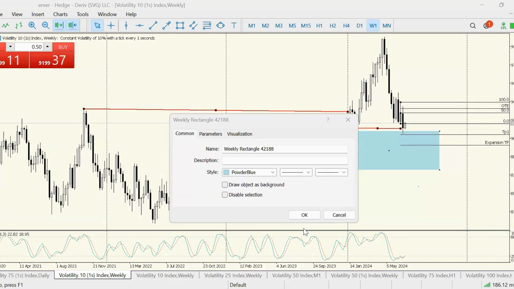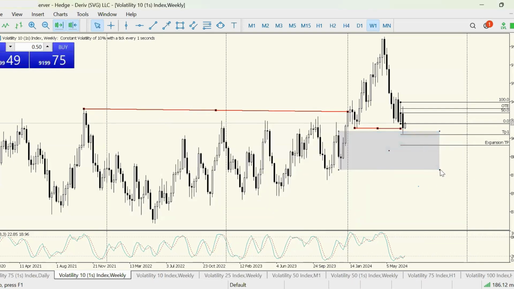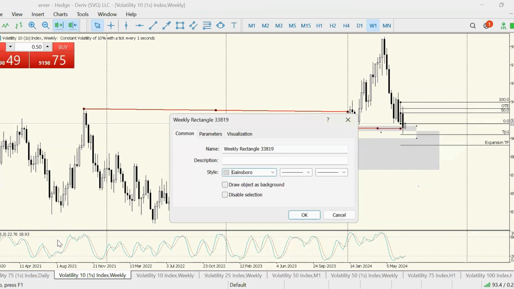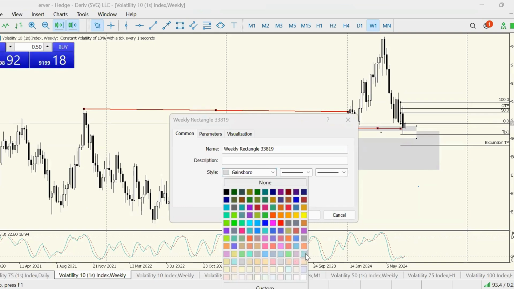Great. So inside this order block, we have two fair value gaps. We have this fair value gap, this one right there. Let's turn this to blue.